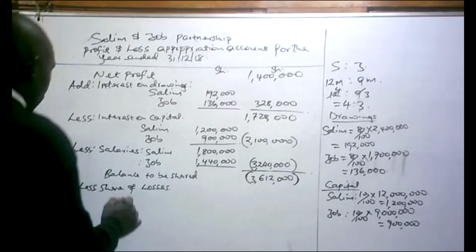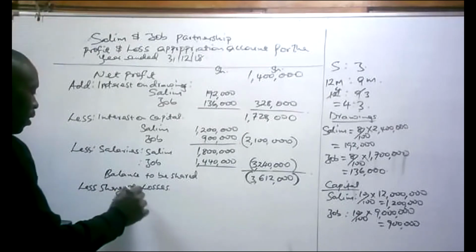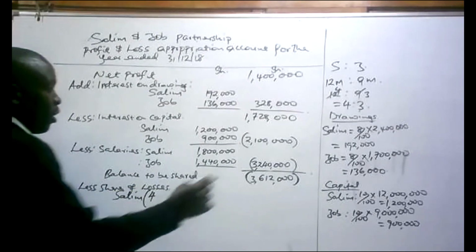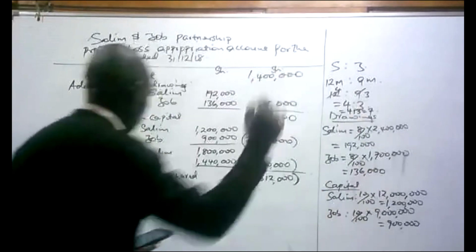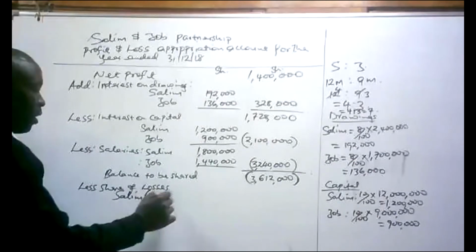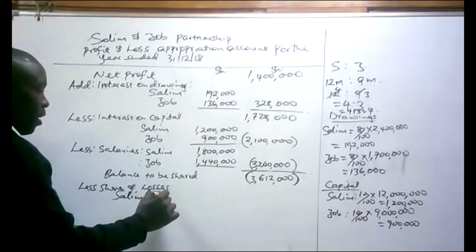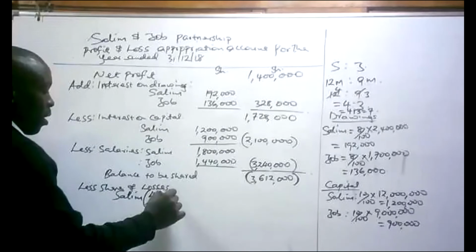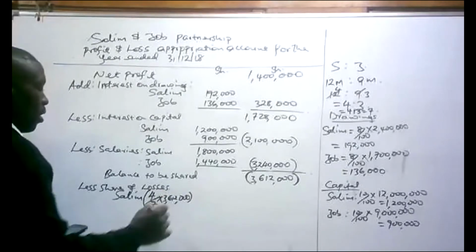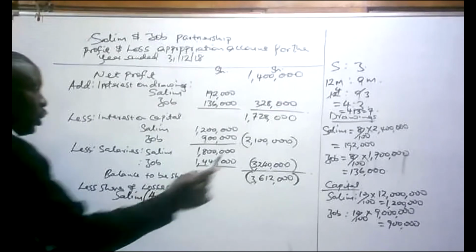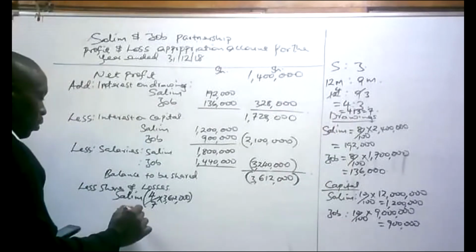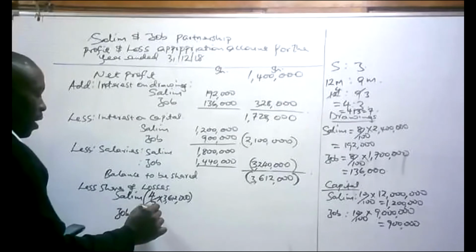So Salim, therefore, will get a loss of 4. Remember, we normally add these, 4 plus 3 is equals to 7. So we'll get 4 over 7 times that figure, 3,612,000. Then Job, the ratio for Job is 3, so we put 3/7 times the same.